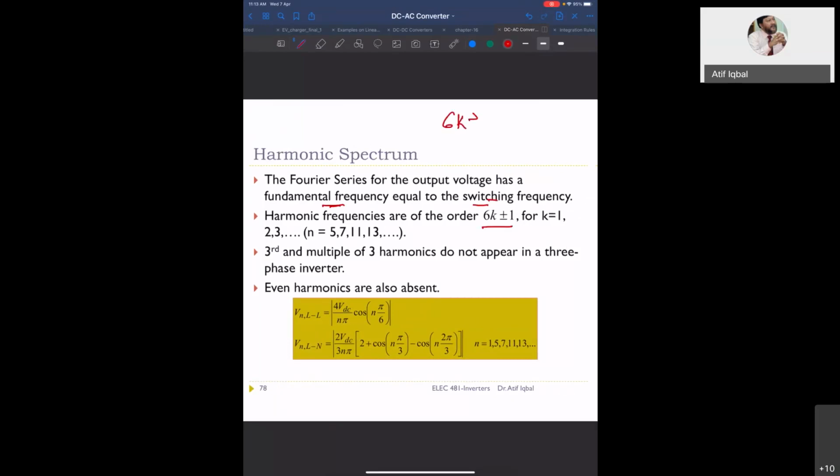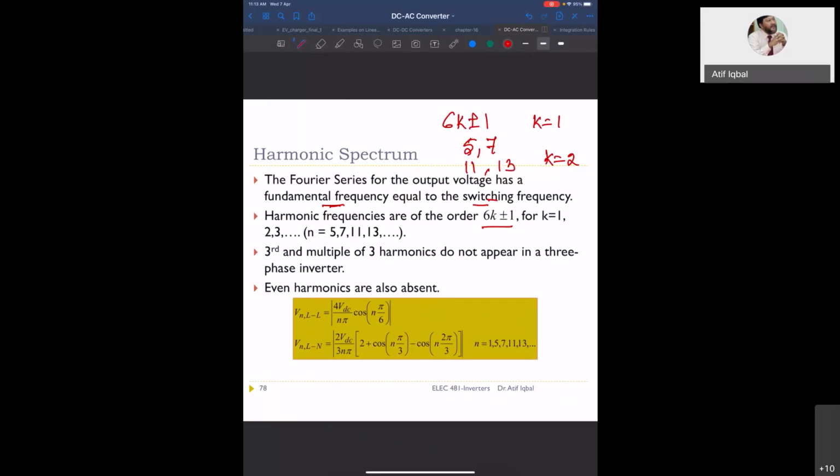If you put k equal to 1, it will be 5th and 7th harmonics. When you put k equal to 2, it will be 11th and 13th harmonics, and so on. These will be the harmonics in the output voltage waveform.